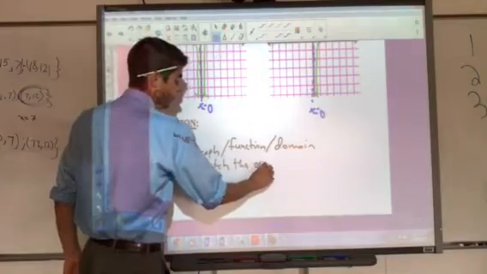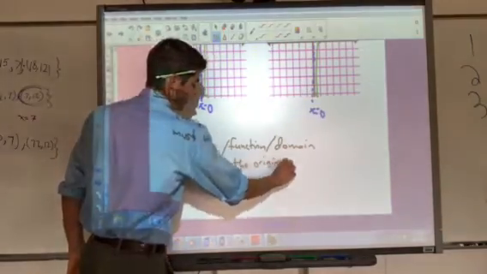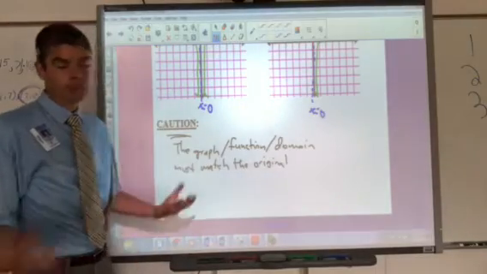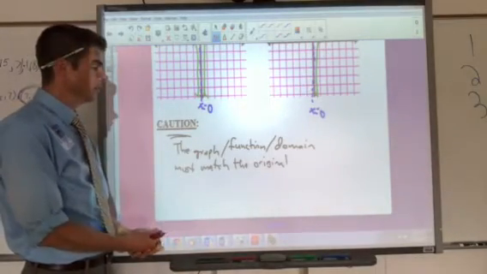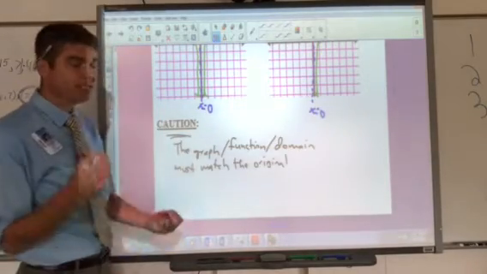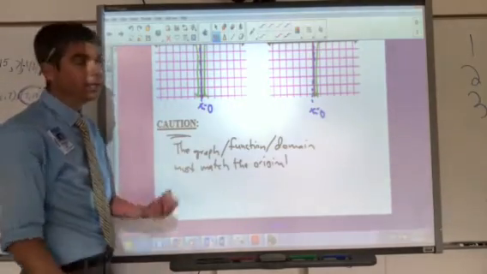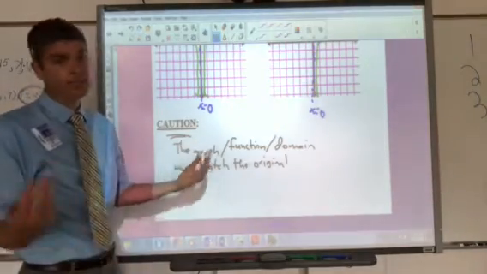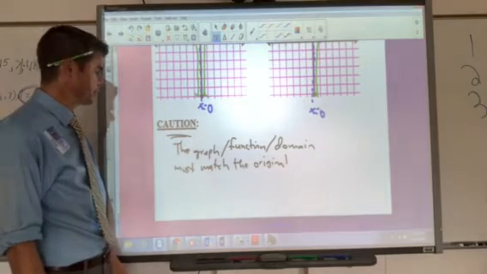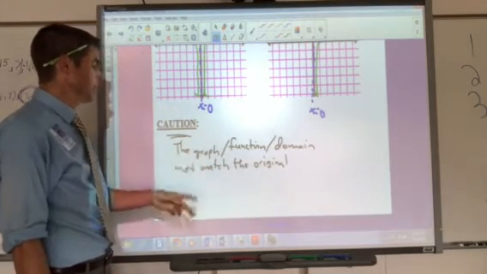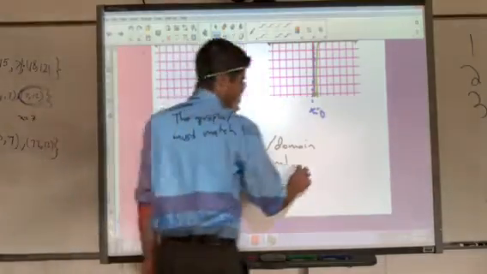And you can bet that I'm going to assess you on that, because finding domain has been a huge part of this early part of the semester. So don't simplify a function if you're analyzing it using a log property. If it's just a problem you're evaluating, yeah, simplify it like the first couple of examples that we did in the first 2 videos. The graph or the function or the domain must match the original problem.